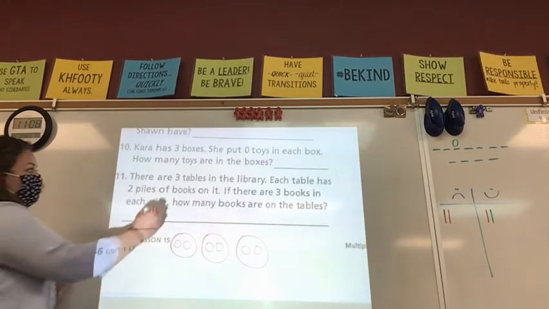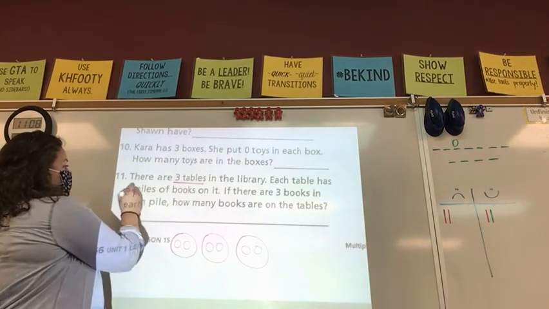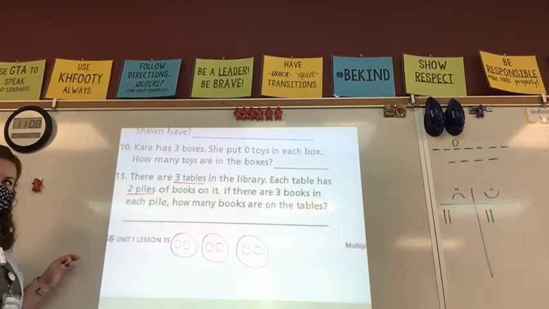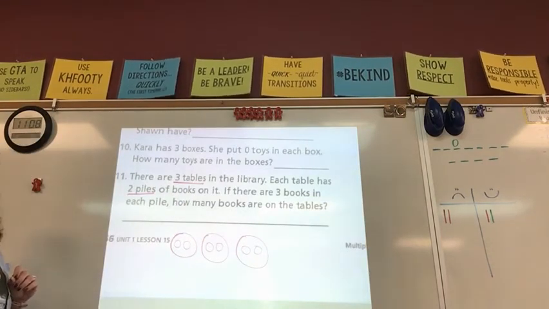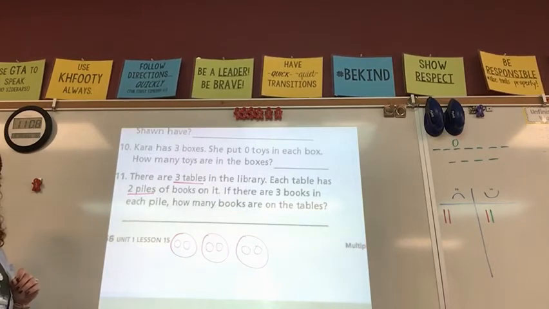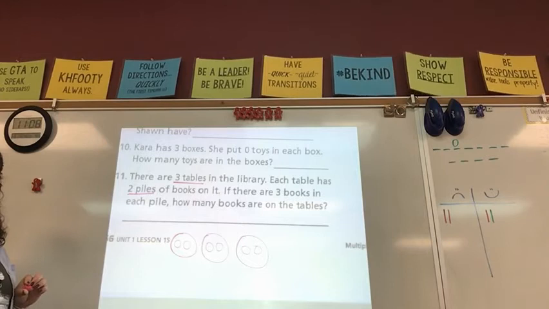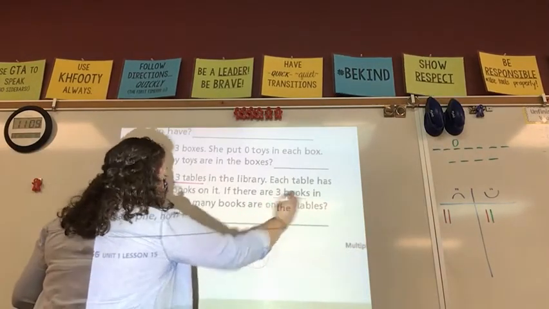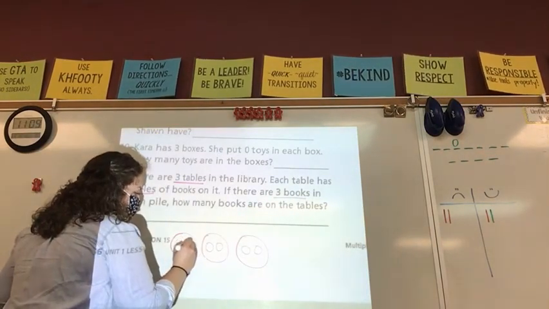And what else do we see up there? There's 3 books in each pile. Very good. Each pile's got 3 books. I'm just going to put the number 3.